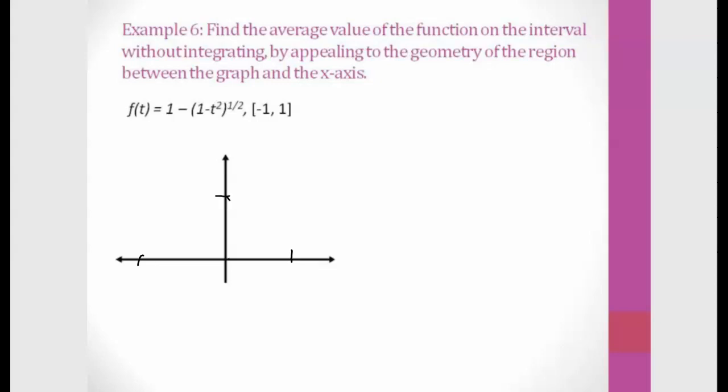So my circle that normally looks like this is going to get reflected, so it's going to look like that. So it's going to be a reflected circle whose area is going to be under the circle and bounded by the x-axis.